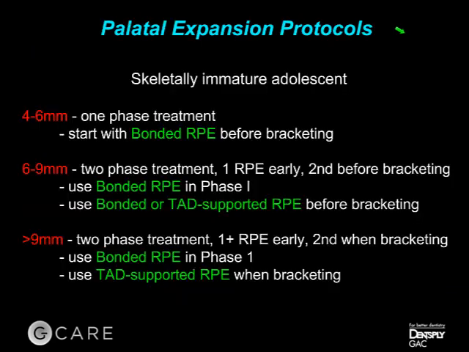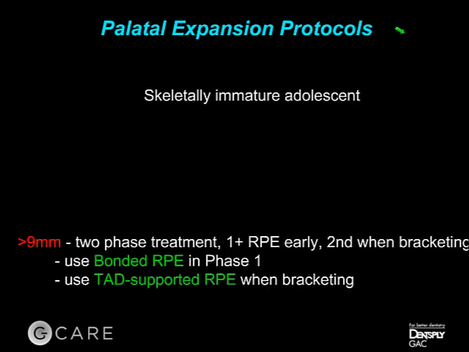So if we look at our protocols, she would fall into this category, needing 9 millimeters of expansion, which is 2-phase treatment, 1 early, second 1 bracketing. And this is exactly what we did. We used a bonded RPE in first phase, and then we used a TAD RPE during bracketing.